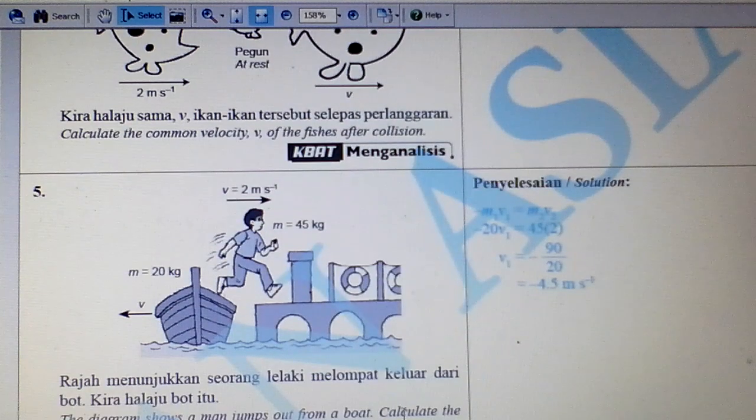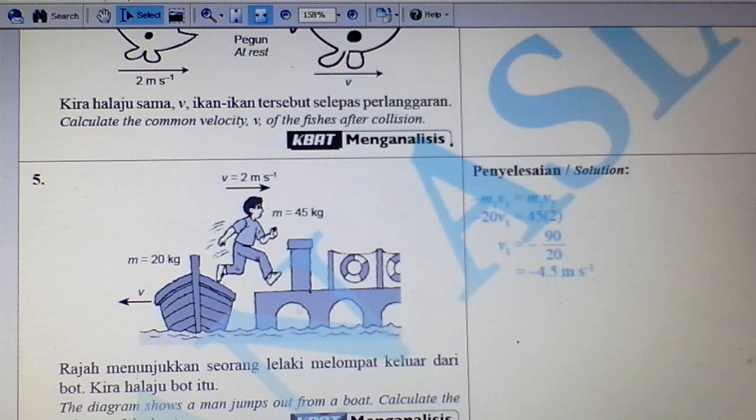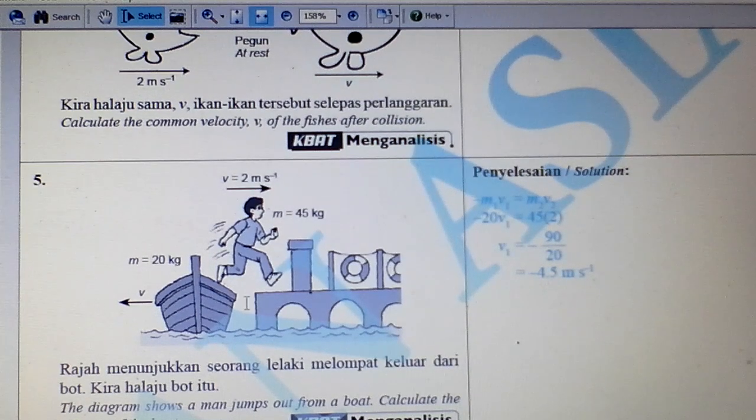Alright, number 5. Number 5 shows a man jumping out from a boat, calculate the velocity of the boat. So you can see before, this is one type of explosion case.